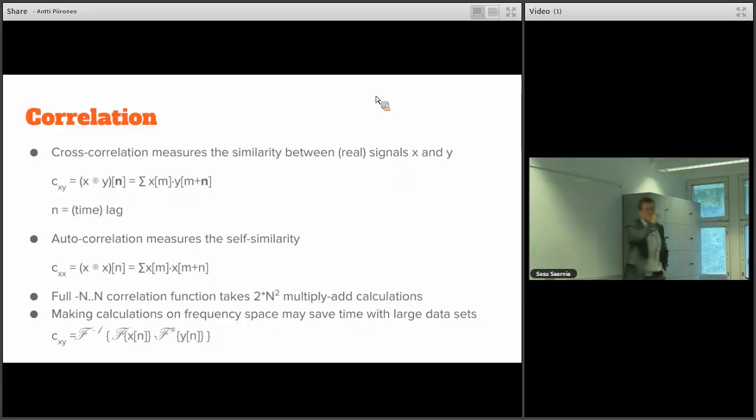No, it's okay. The correlation basically means that you have two signals, X and Y. The samples of X are on the left hand, the samples of Y on the right hand. Then you start shifting one over the other and calculate the sum of the products.